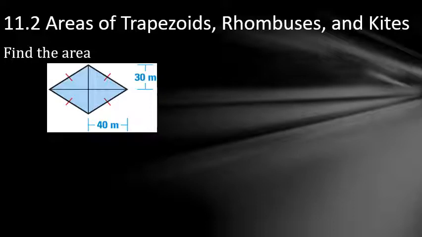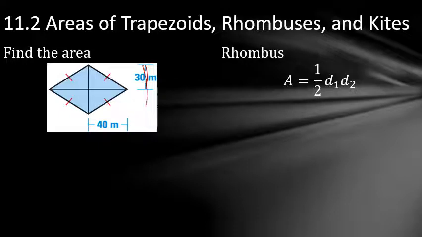How about the area of this shape? What shape is that? That's right, it's a rhombus. And the area of a rhombus is 1/2 d1 times d2. Now this 30 only goes halfway, so the whole diagonal would be 60.